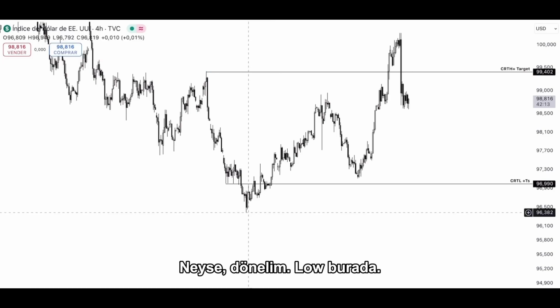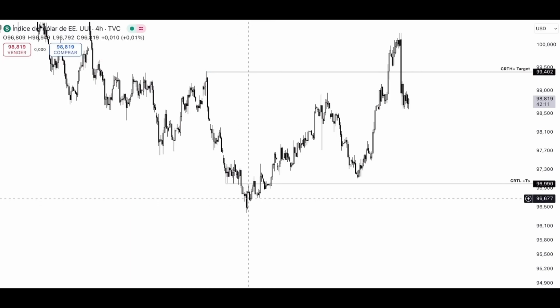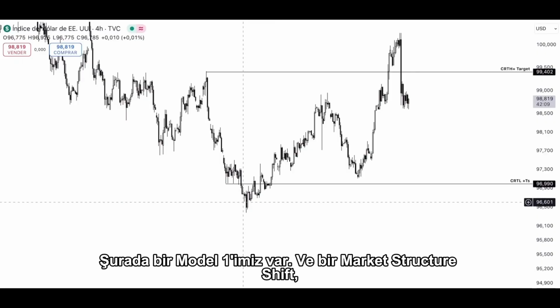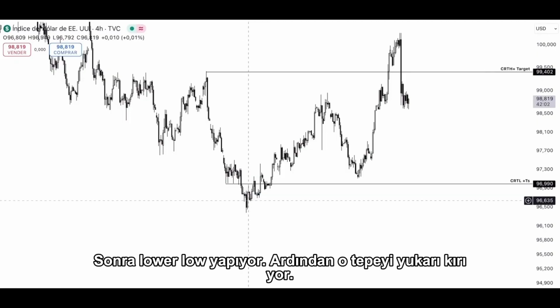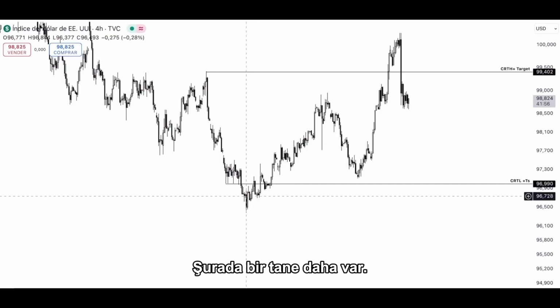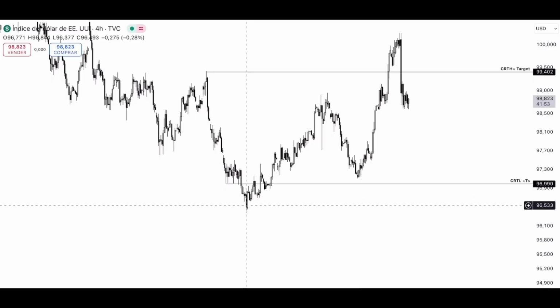So low, you got here a model number one and a market structure shift, a true market structure shift. So low, high, lower low, breaking above that high, and model number one right there.